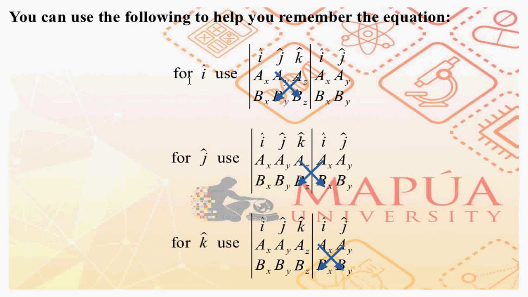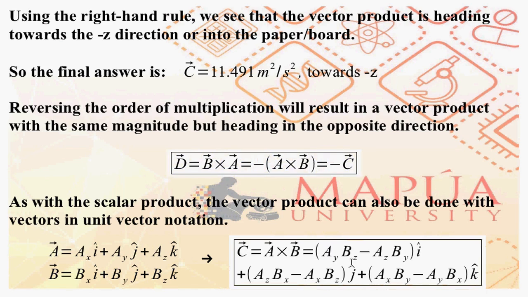For i hat, cover up the first column of i hat and then cross multiply the j hat and k hat columns. So AY times BZ minus AZ BY, that will give you the i hat component. If we go to the previous slide, you got AY BZ minus AZ BY times i hat.